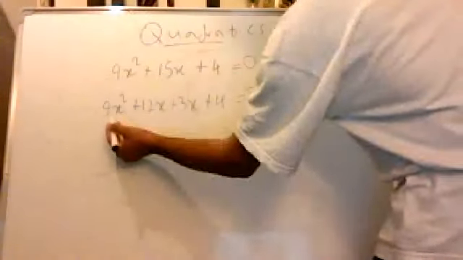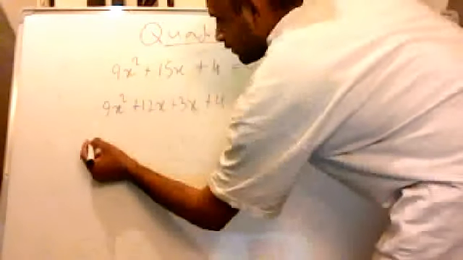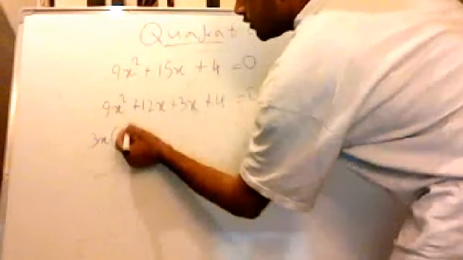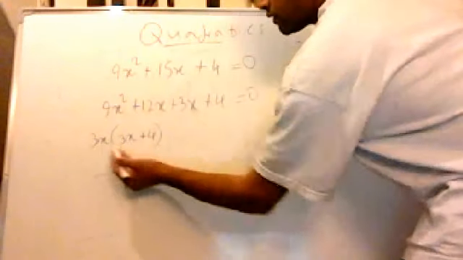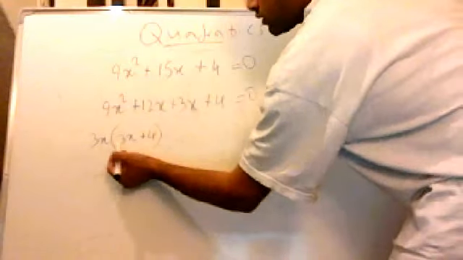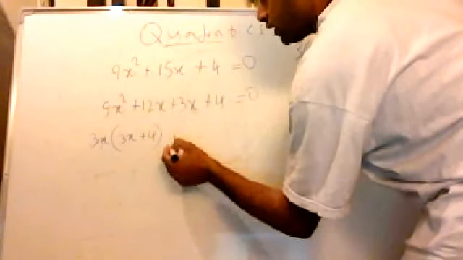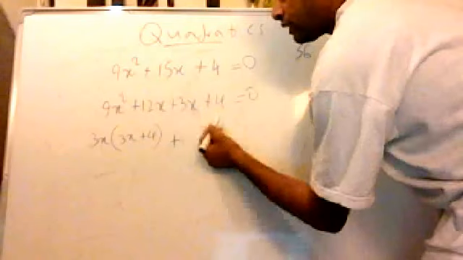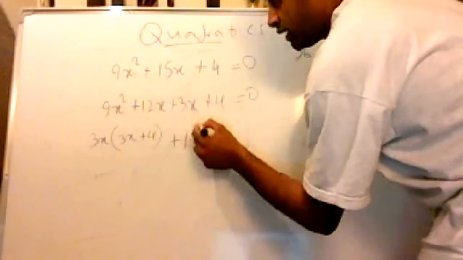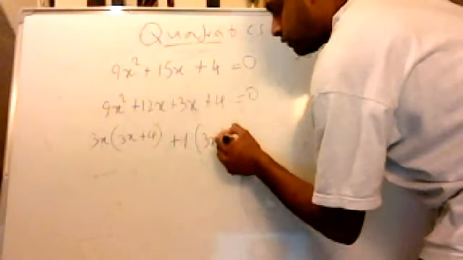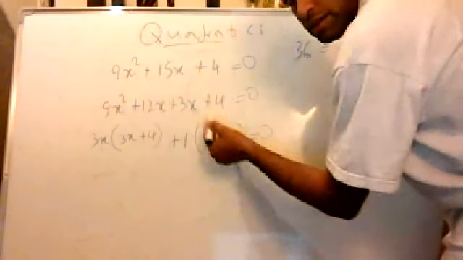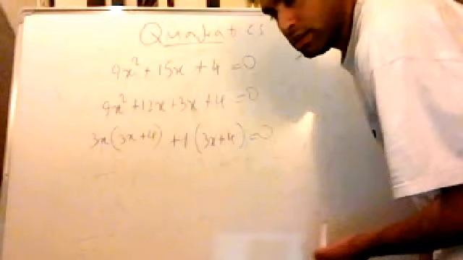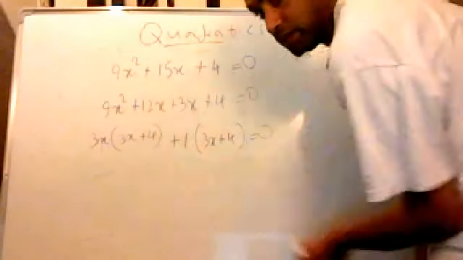So now 9x squared and 12x has 3x in common, so if I take that out it becomes 3x plus 4. That's correct, because 3x times 3x is 9x squared, 3x times 4 is 12x, and here 3x plus 4 has nothing in common, so it's just plus 1, so it'll be 3x plus 4 equal to 0. If there's nothing in common, you just take plus 1 out. Sometimes it can be minus 1 depending on the situation.